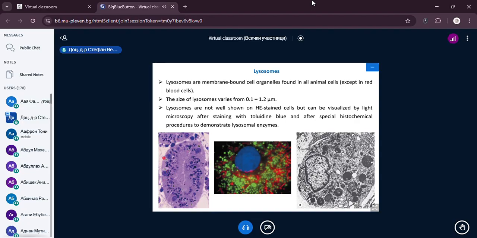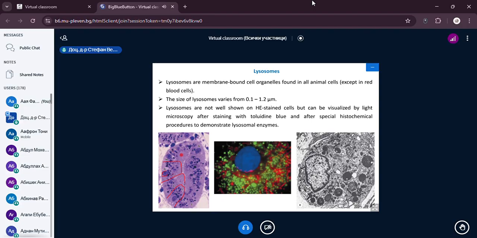This is a section from kidneys, ren in Latin, and more specifically, this is the proximal convoluted tubule of the nephron. This tubule is lined with simple cuboidal epithelium. These are cuboidal cells here, and you see the nucleus of one cell, that's another cell, here is one more cell with its nucleus.